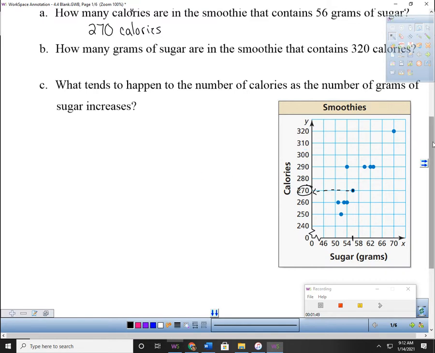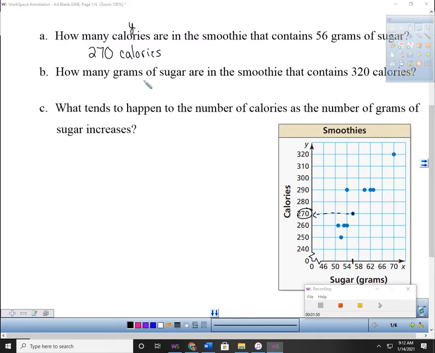All right, this time they're asking for how many grams of sugar. Grams of sugar is your X value, right? So you should have a number coming from this section of your graph, the sugar section. So how many grams of sugar are in a smoothie that has 320 calories? So you're going to locate 320 calories. That would be right here, correct?